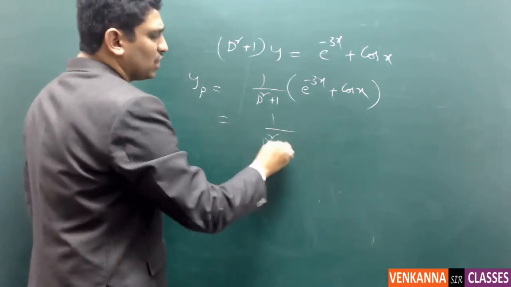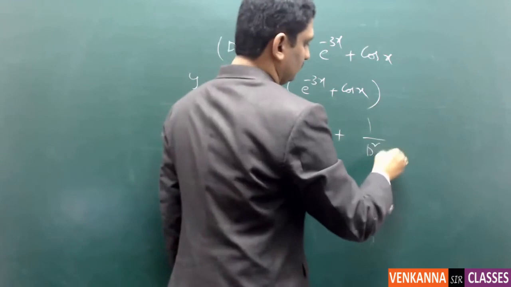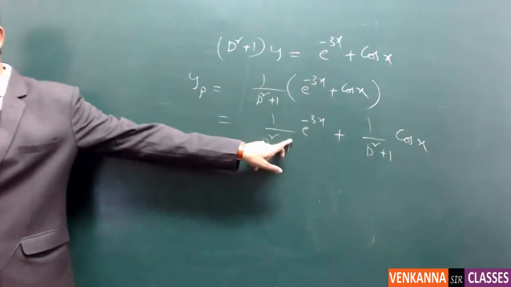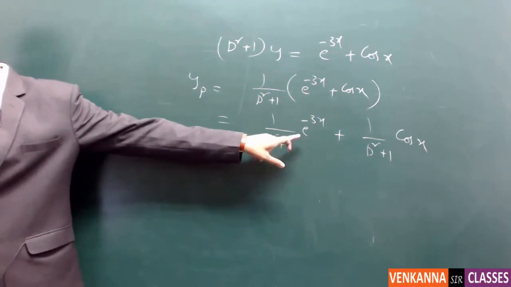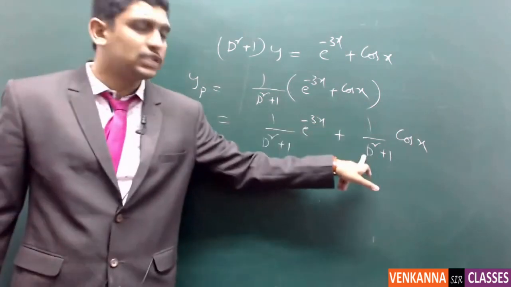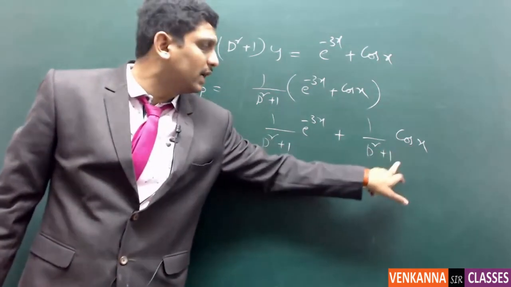Apply the methodology of each function individually to the denominator. For this, we will apply the methodology of e power ax, which was studied in the previous class. For this, we apply the methodology of sine or cos, which we have learned now.